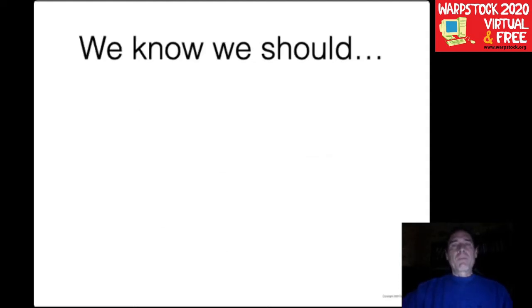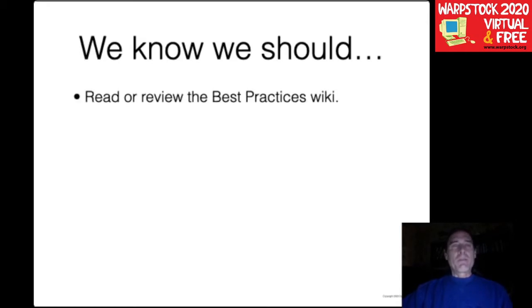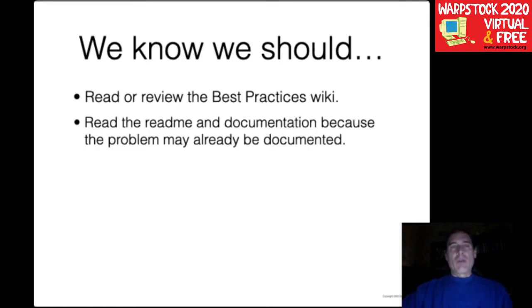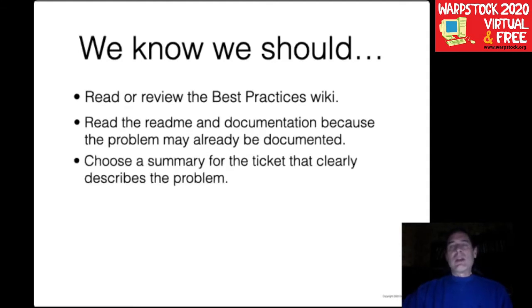First of all, we all know that we should read or review the best practices wiki. We also know, and it says on the wiki, that we should read the README and the documentation before opening a ticket because the problem that you're having may already be documented. We know that we should choose a summary for the ticket that clearly describes the problem.